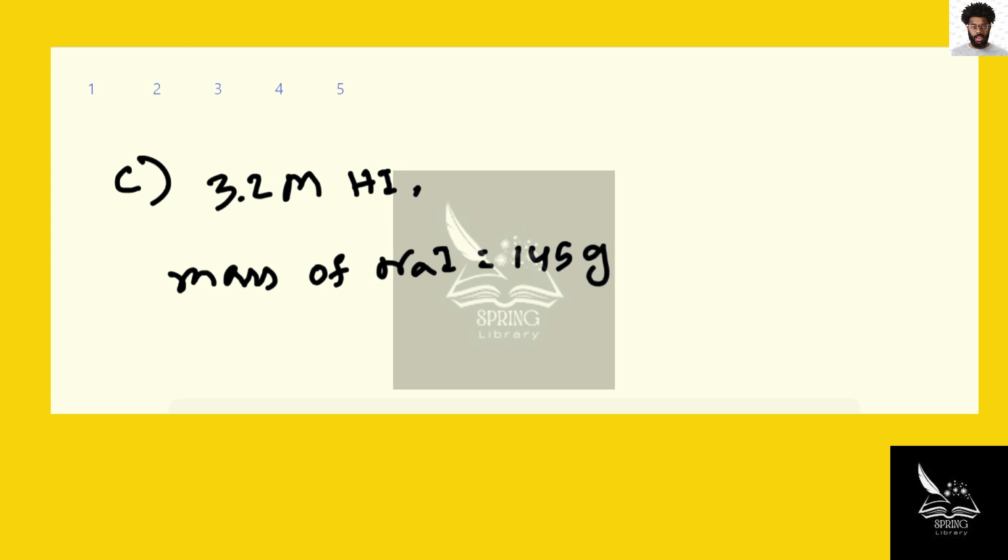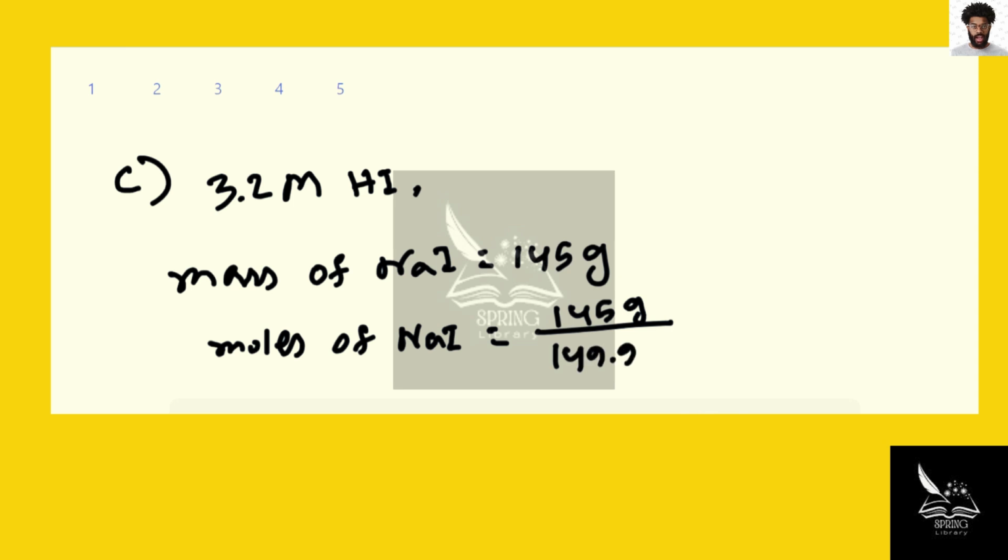So as we know, if we have to find the concentration of sodium iodide, first you have to find the number of moles of sodium iodide, which you can find out by just putting the mass of sodium iodide over its molar mass, and the molar mass of sodium iodide is 149.9 gram per mole. So from here we can find the number of moles of sodium iodide, which is 0.967 mole.